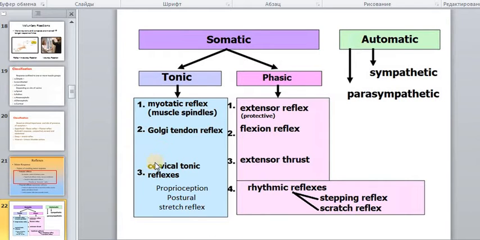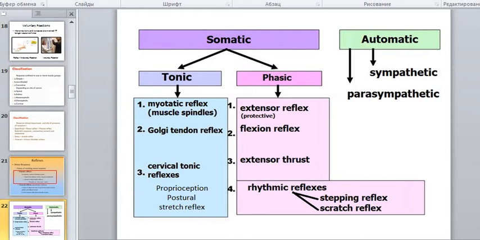So it's very important to know the structure of the Golgi tendon organ and muscle spindle, and these reflexes are well expressed in animals. Phasic reflexes, as usual, include flexion, which is also protective.